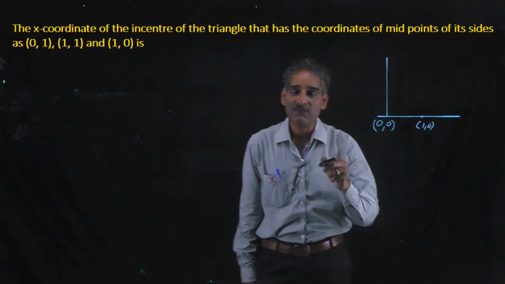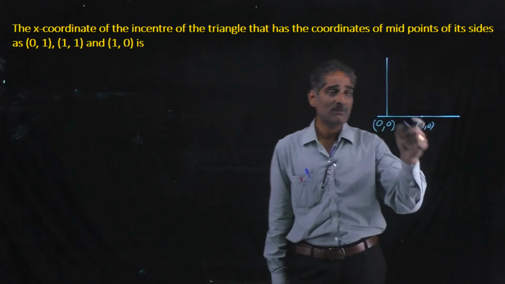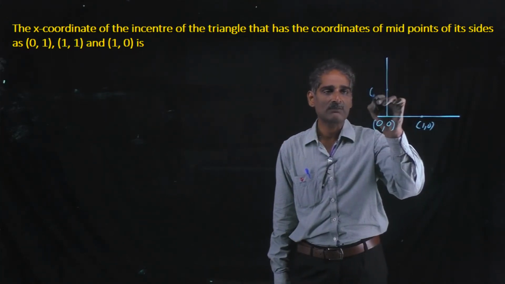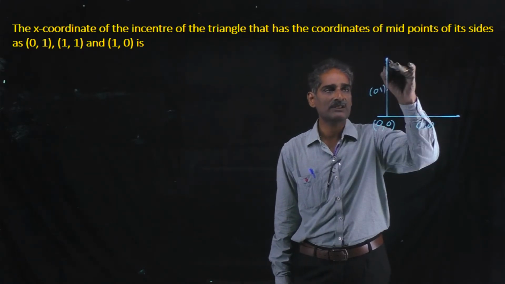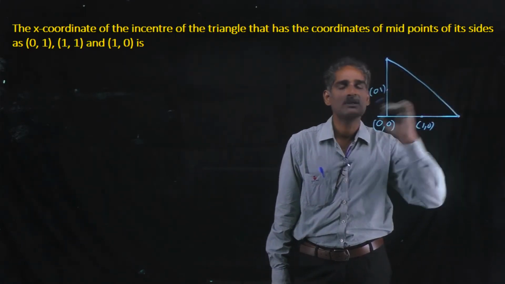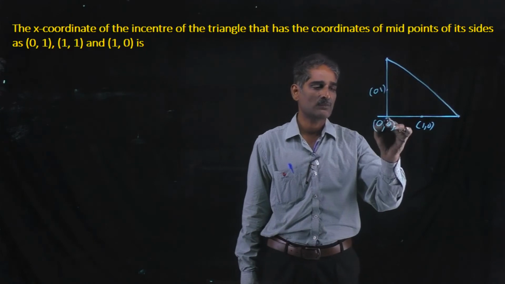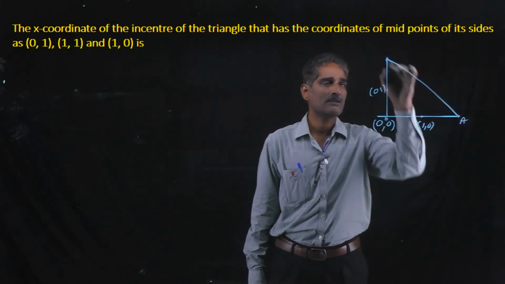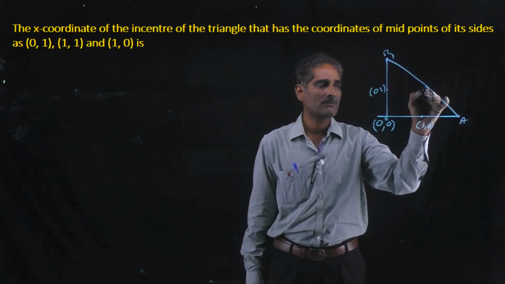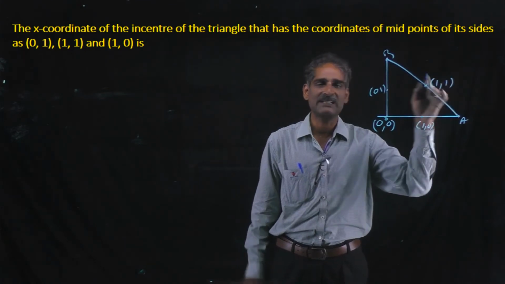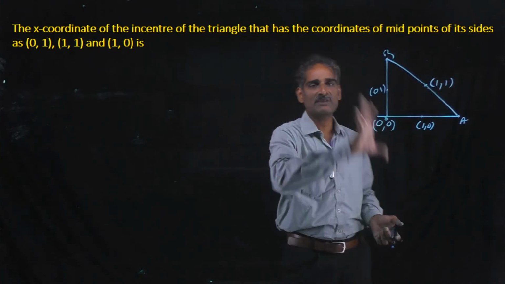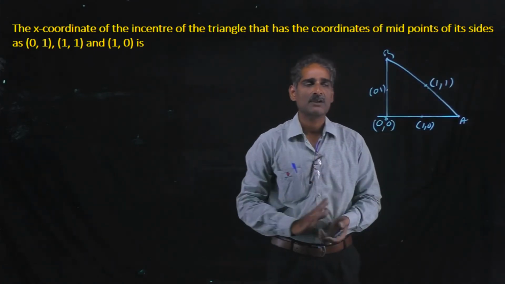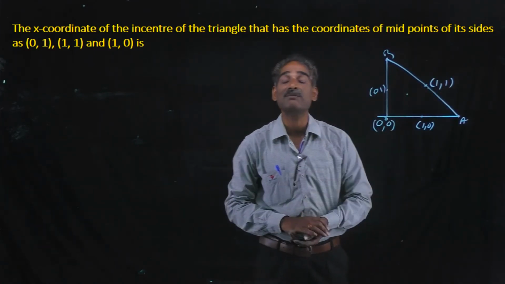That means this is a vertex and this is a vertex of the triangle. This is the exact position of the triangle O, A, B. These are the midpoints of the sides. Understand? Now the triangle is like this. We have to find the x coordinate of the incenter.